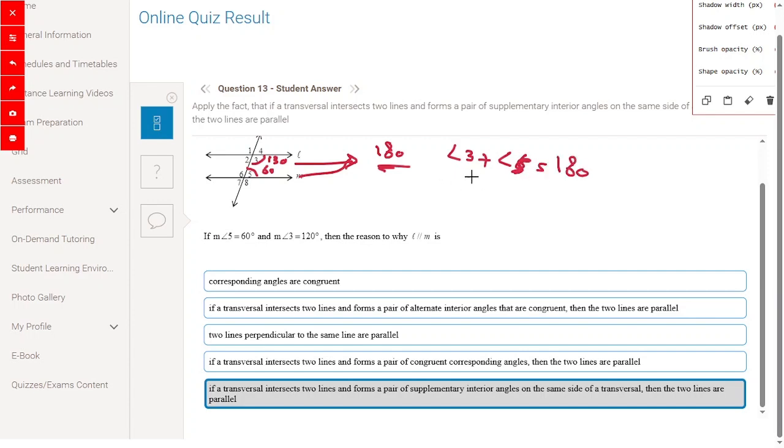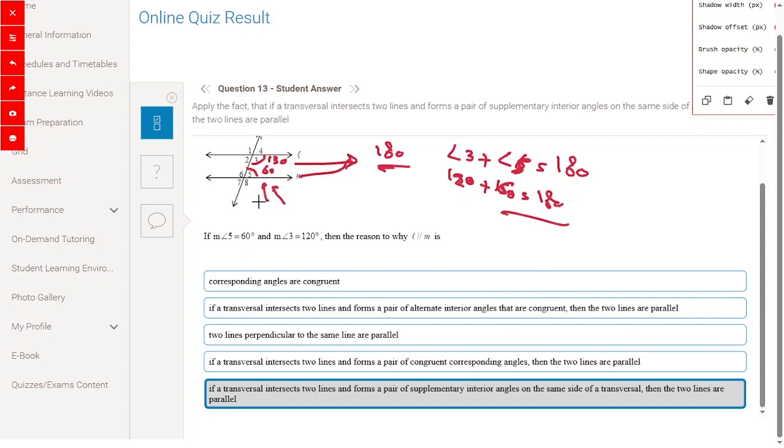Because 130 plus 50, sorry, 120, which is angle 3, and angle 5 is 60, it will be equal to 180. So we are talking about interior or co-interior angles on the same side. So let's see which one of these answers will match the given question here. Now, corresponding angles are congruent.